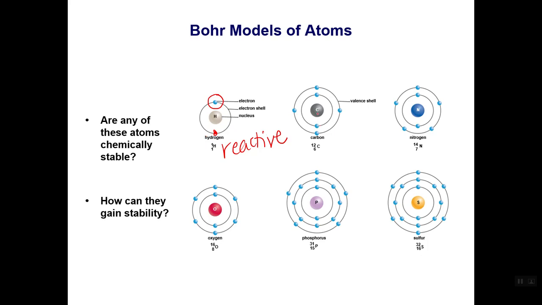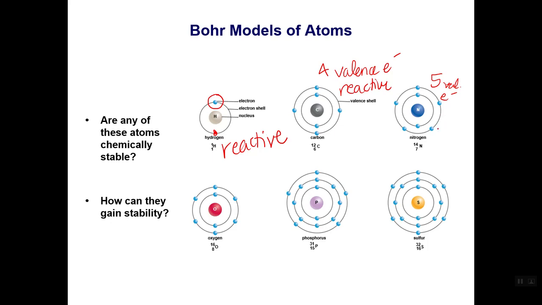Here's our next one. Here we have carbon. It has 1, 2, 3, 4 valence electrons. Is it reactive or stable? Reactive. Because how many does it want to have? 8. Nitrogen, it has 1, 2, 3, 4, 5 valence electrons.